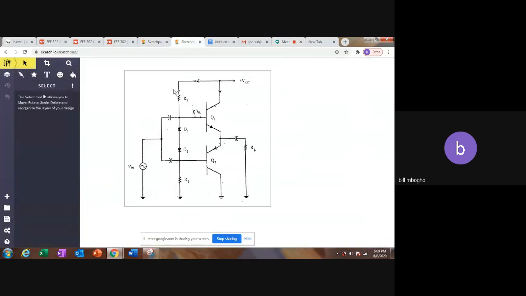So this is basically how the class AB amplifier usually looks. There are two transistors here and diodes here. These diodes are for biasing.